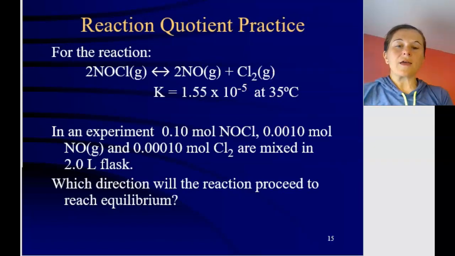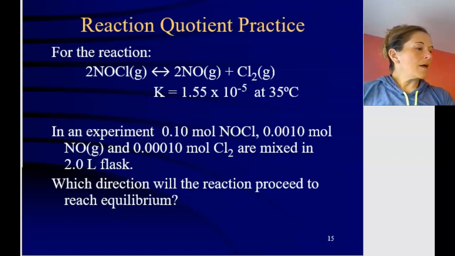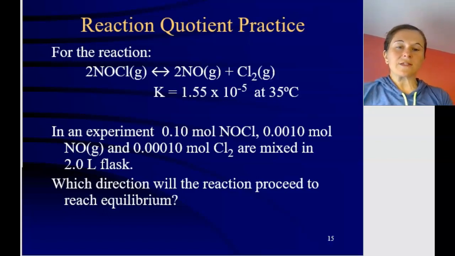So here we go. Let's take a look at using this in a problem. So here we have a reaction. We've got our equilibrium constant.